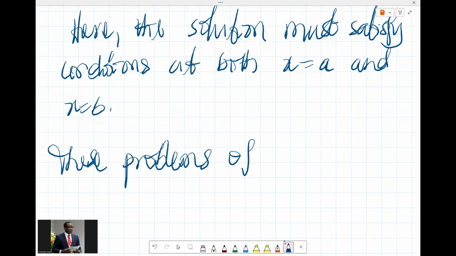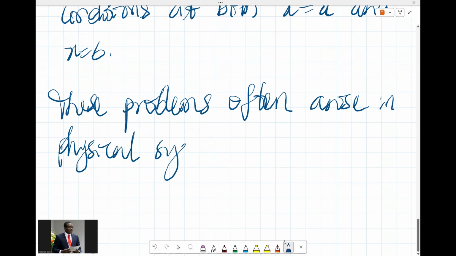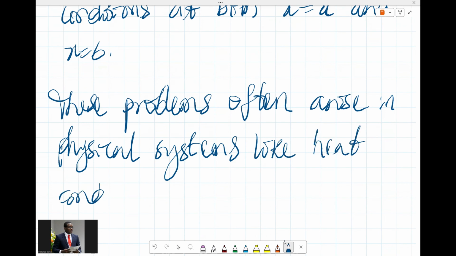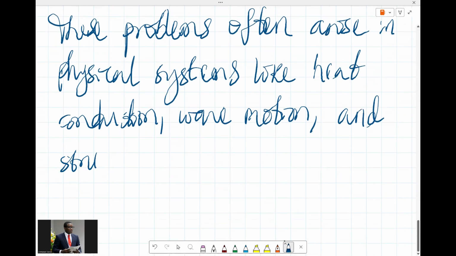So these problems often arise in physical systems like heat conduction, like I said before, wave motion, like wave motion in a string, and structural analysis, like in civil engineering.